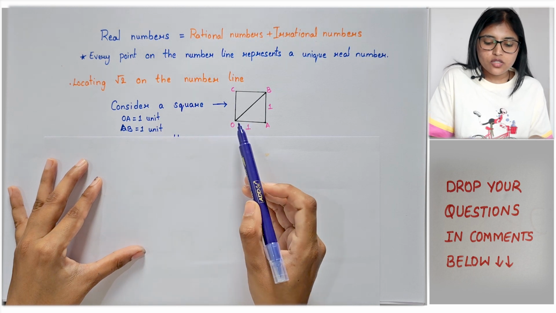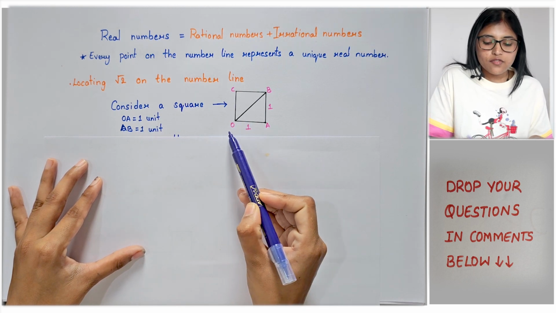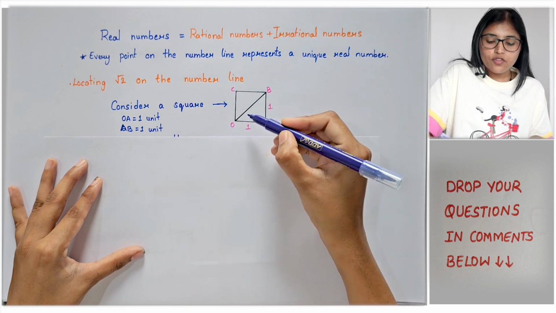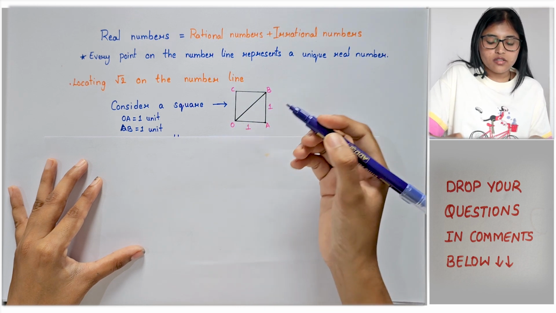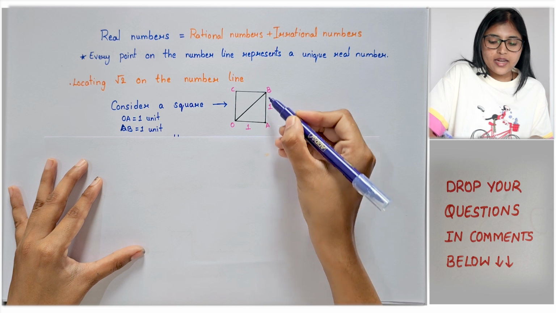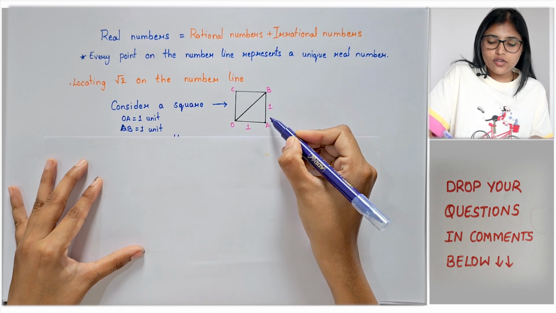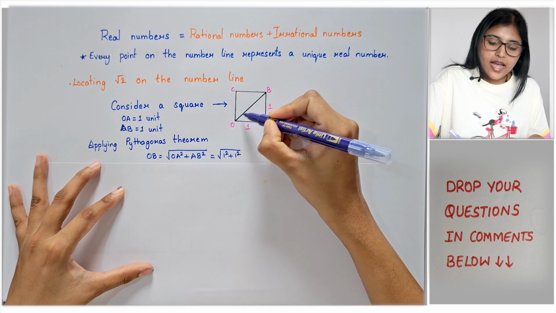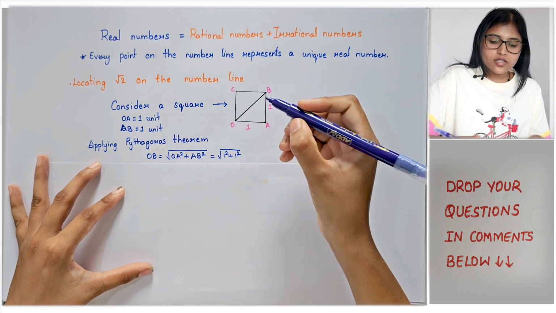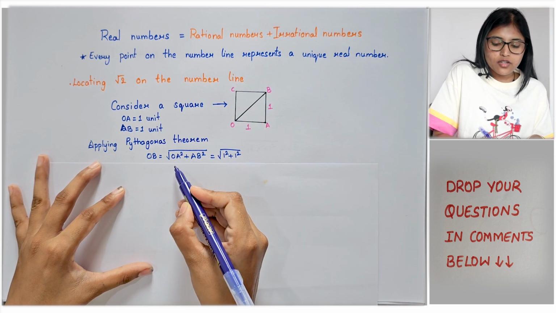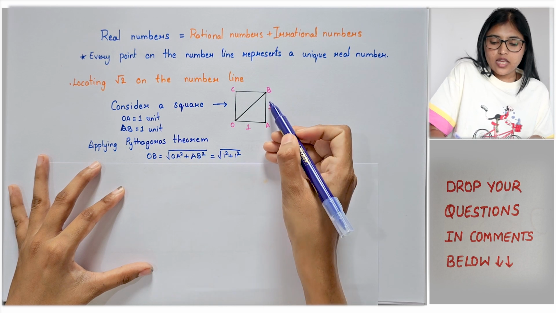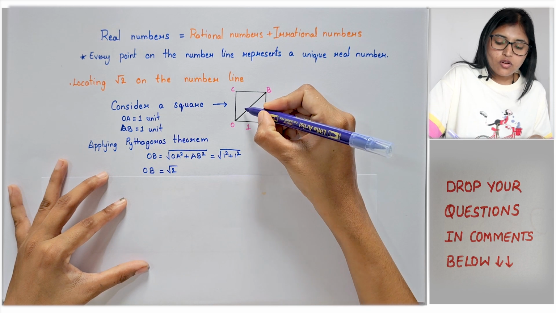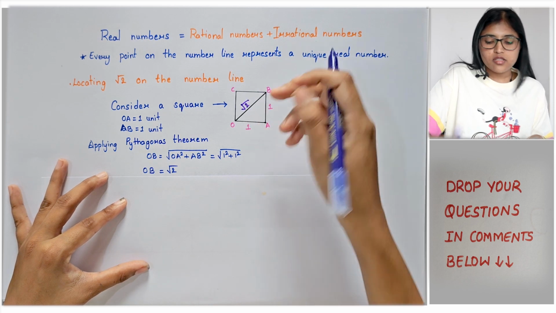So if we consider a square such as this one here with points O, A, B and C, if you see the triangle OAB here, if OA and AB were to measure 1 unit and 1 unit, according to the Pythagoras theorem, the diagonal, the hypotenuse, that is OB, should be equal to under root OA square plus AB square. So which is 1 square plus 1 square, which will give the value of OB as root 2.